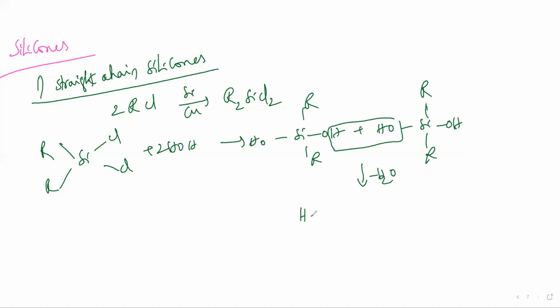Then what you will get? HO-SiR2-O-SiR2-OH. So this is a straight chain silicone.